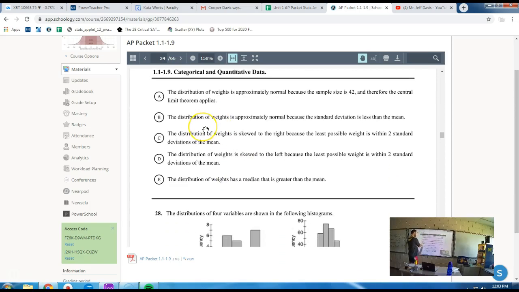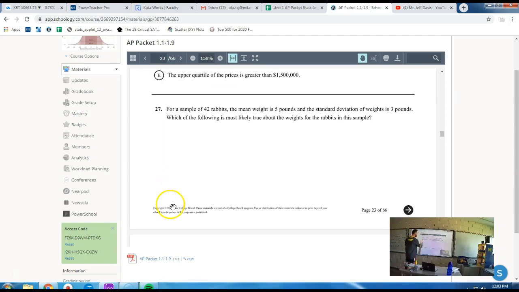Which is most likely true? This might be one you're not ready for yet. That's a tough one. I think we can understand it. So the answer is C. The distribution of weights is skewed to the right.